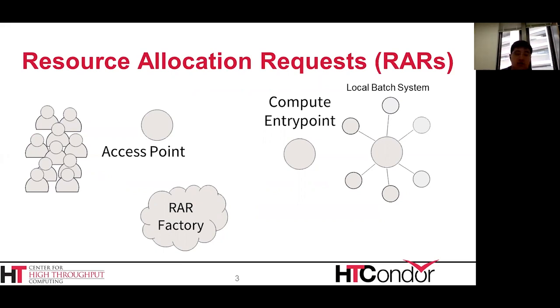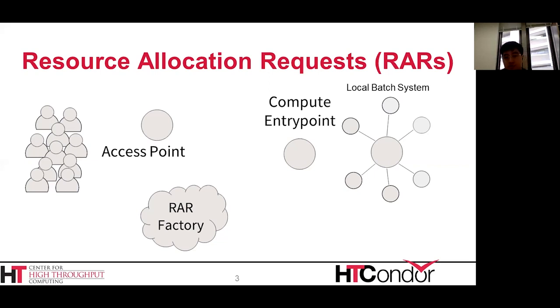Then you have some infrastructure that is run by, say, the OSG that we call a resource allocation request factory. For those of you that have been in the business for a long time, you may be more familiar with the terms pilot job or glidein job. On the right, the resources may be made available through many different sites who have their own local batch systems. And then the compute entry point is what is used to translate things to that local batch system.